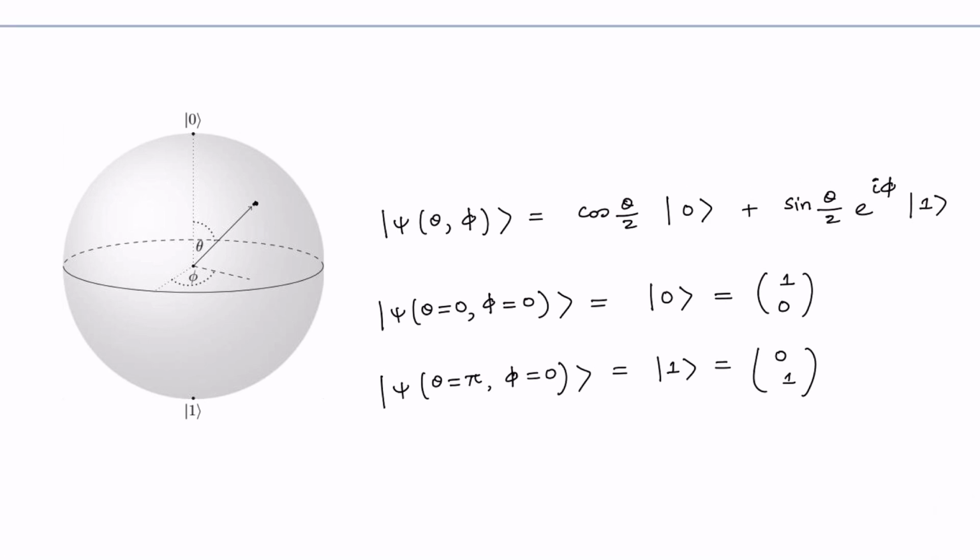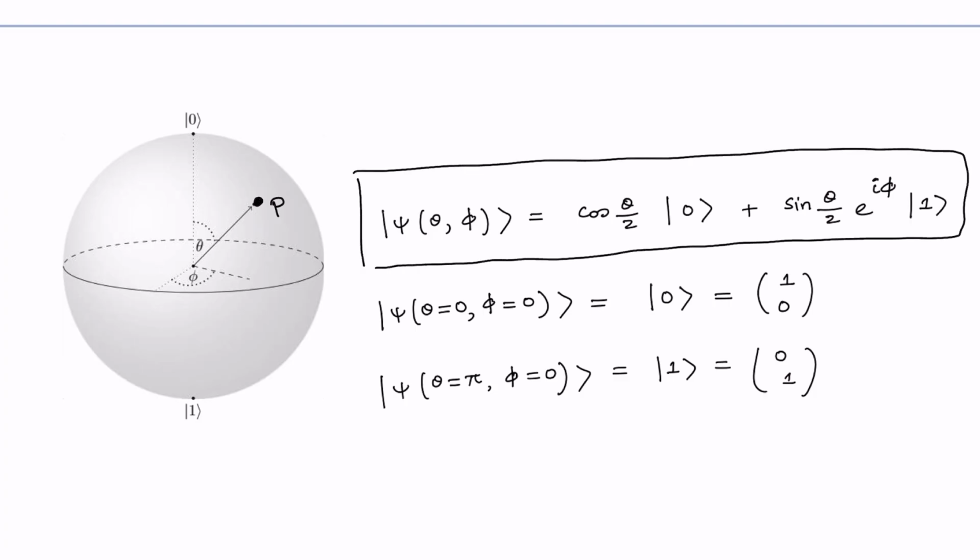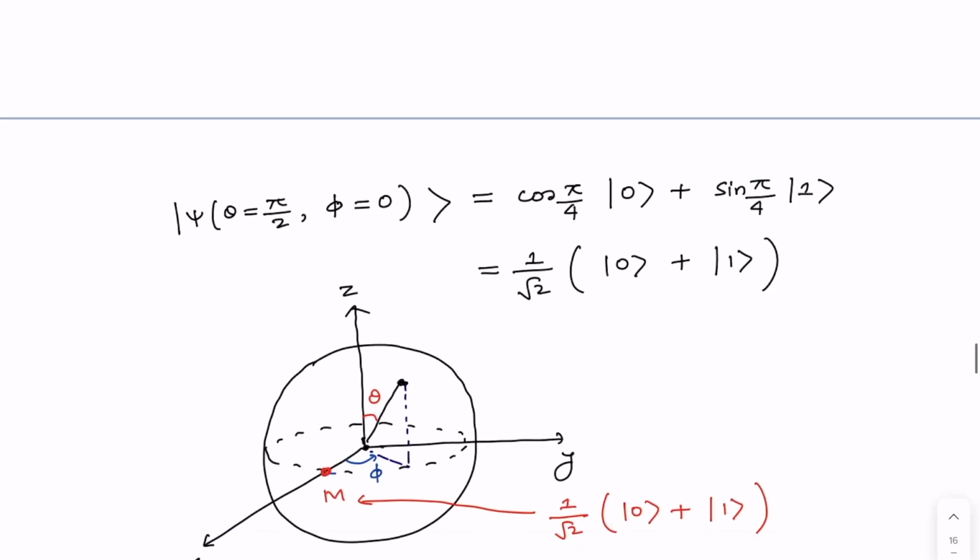Any arbitrary state, for example, this particular point, say P, is represented as a superposition of |0⟩ and |1⟩, and depending on the values of theta and phi, I can have various qubit states. For example, for theta equal to 0, phi equal to 0, I have |0⟩. For theta equal to pi and phi equal to 0, I have |1⟩, and so on.